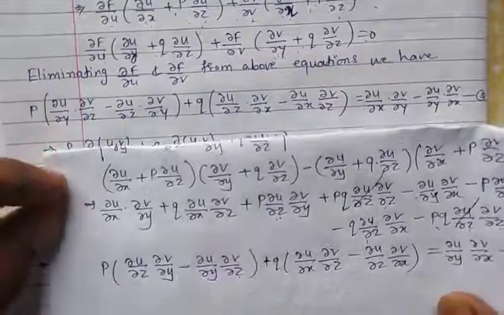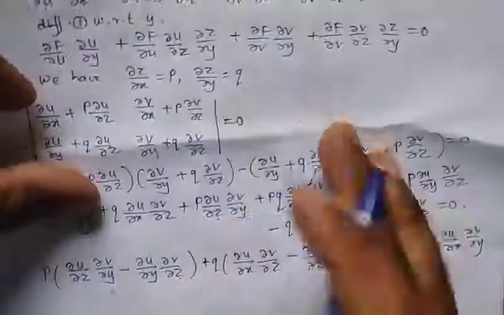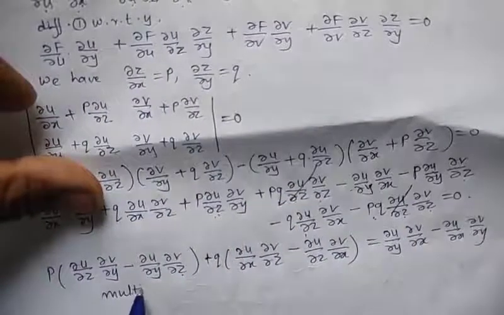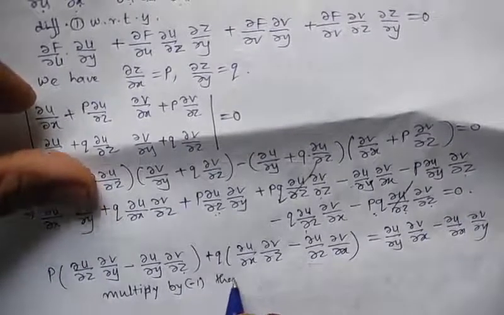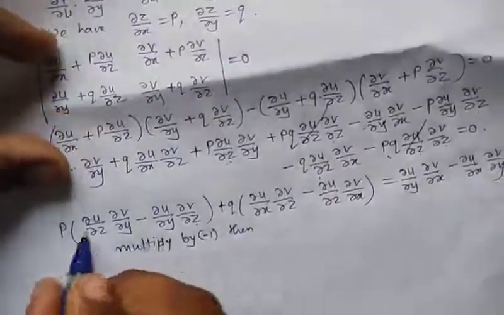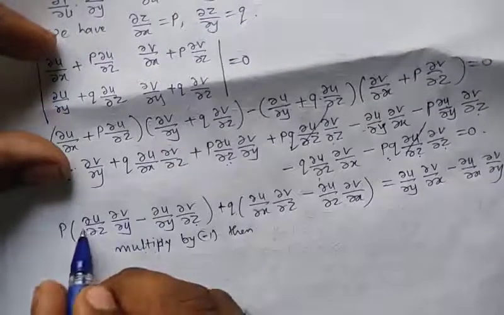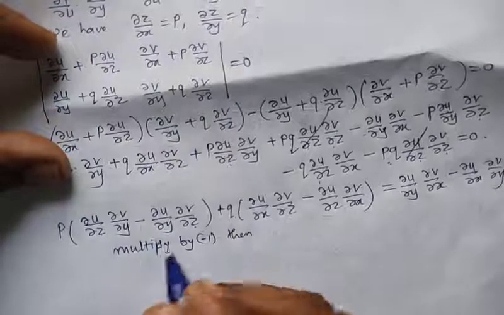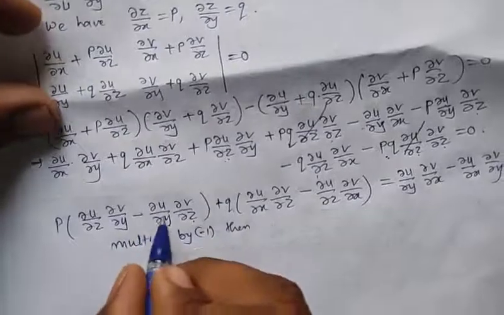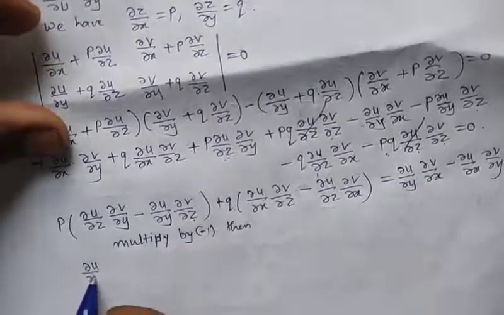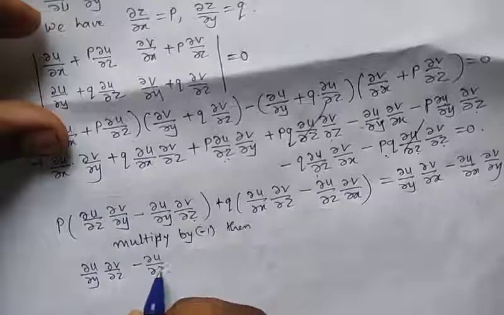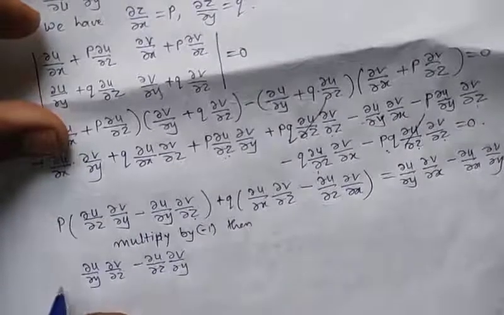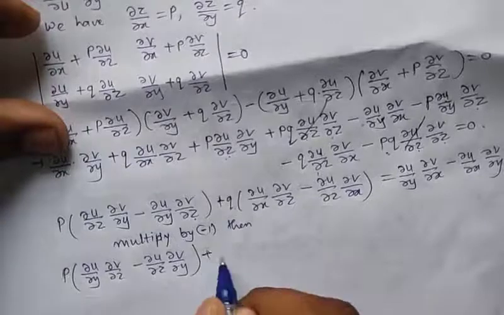Now on multiplying both sides by minus 1, what will we get? Multiplying by minus 1, the plus terms get minus and the minus terms get plus sign. So here we get ∂u/∂y ∂v/∂z minus ∂u/∂z ∂v/∂y into p, plus q as it is.